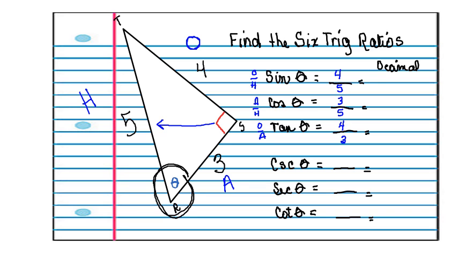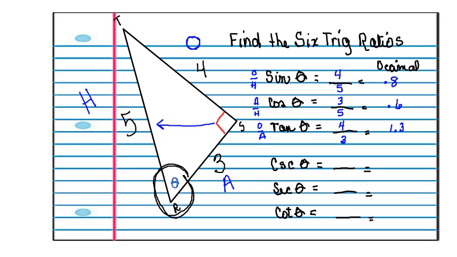And you can always use a calculator to find the measurement. 4 over 5 is the same as 0.8, 3 over 5 is 0.6, and 4 over 3 is 1.33333, so if we round it off, it's 1.3.